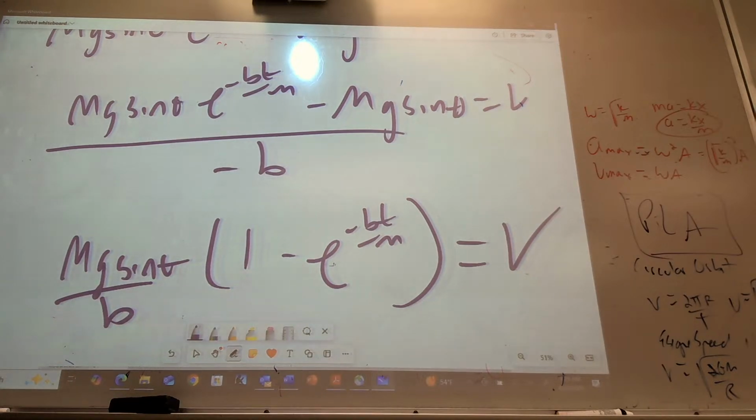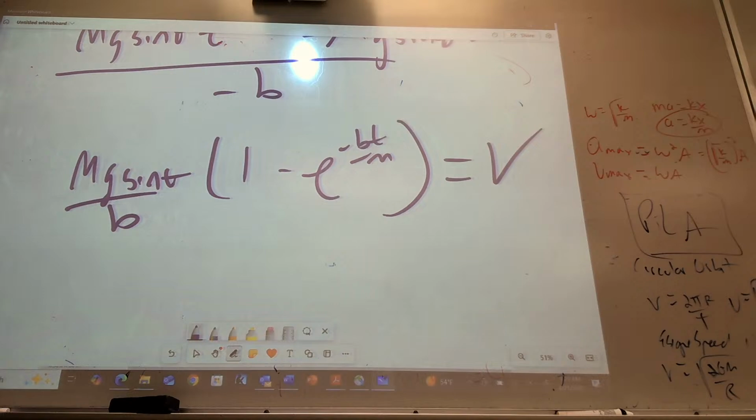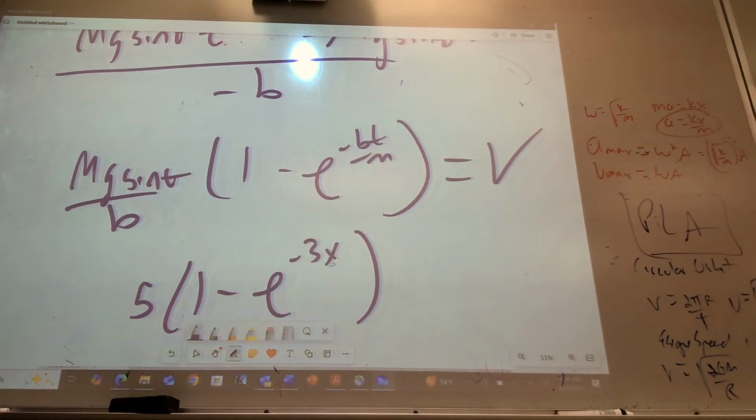Now sometimes they ask you to then plot this. So we'll make up some numbers and you'll get the general waveform in your calculator. So I want you to plot like 5 times (1 minus e to the minus 3x), okay? It's going to have the same waveform as what you have here. So let's plot that in your graphing calculator.